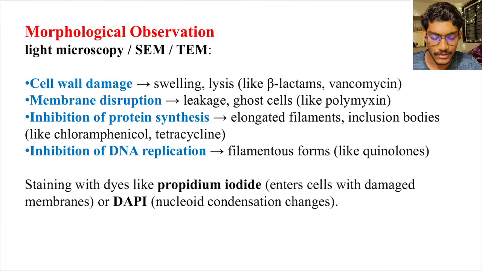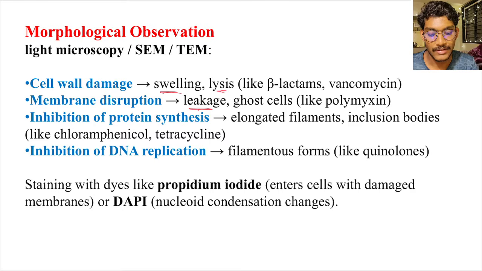First of all, we can perform certain morphological analysis like microscopy techniques to detect the change in morphology of the bacteria. Suppose the antibiotic is targeting the cell membrane or cell wall, then we can see swelling or lysis or leakage. So this will infer that the drug might be targeting the cell membrane or cell wall.